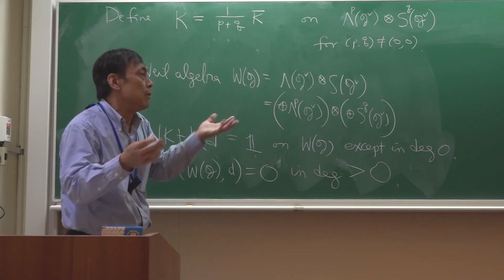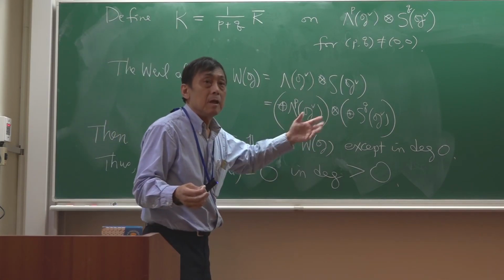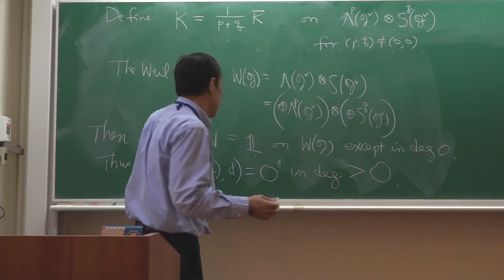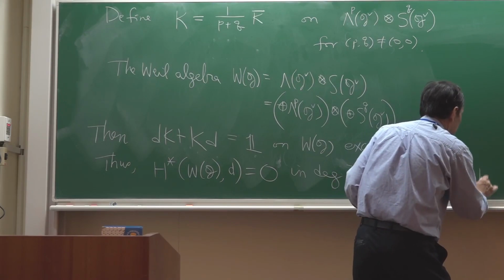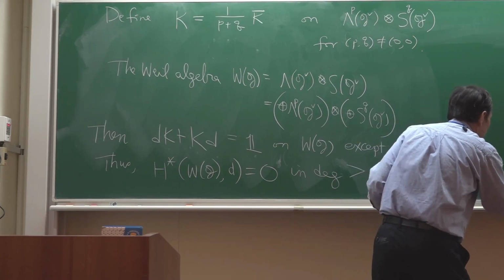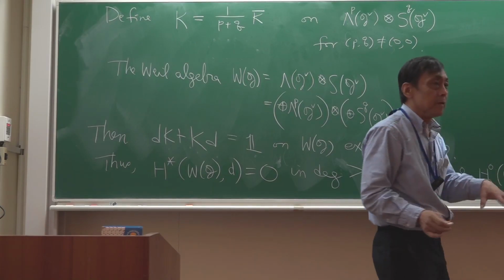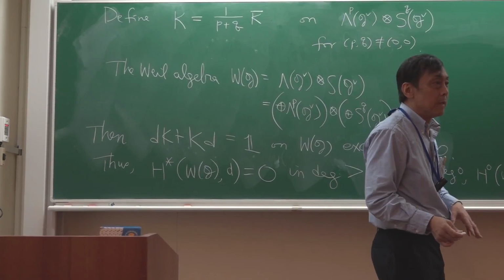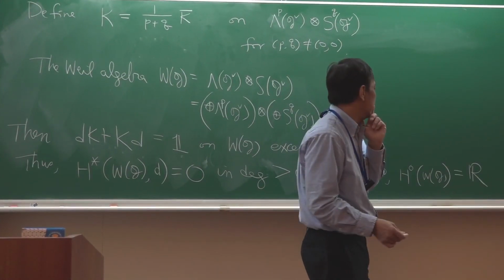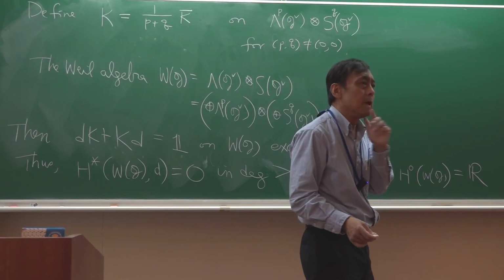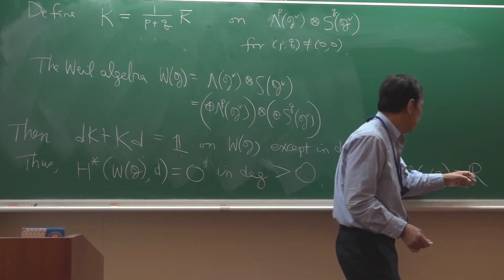And in degree 0, I just have R. So the cohomology in degree 0 is just R, because in degree 0, it's just constants.